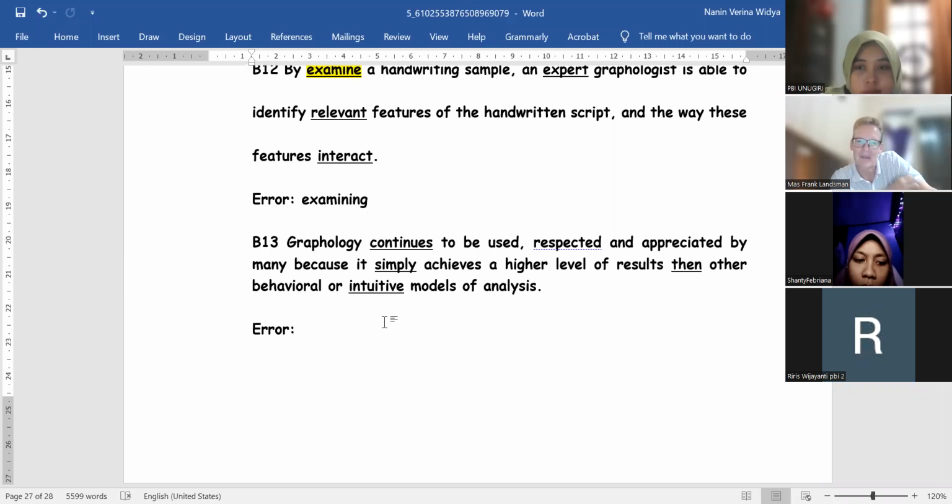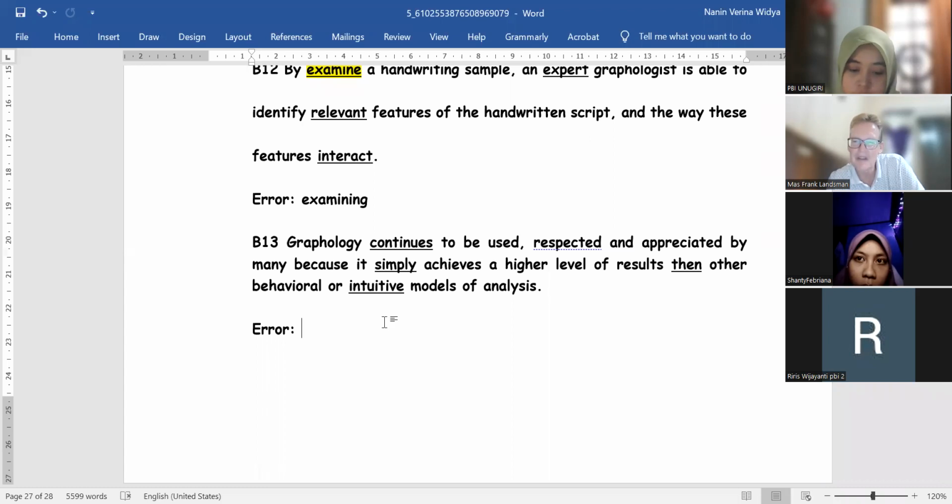That's okay by many because it simply achieves a higher level of results than other behavioral or intuitive models of analysis. So you get more results out of it. You get more value for money. If you pay for a test, it's really useful. Jadi mungkin tesnya tidak murah ya.